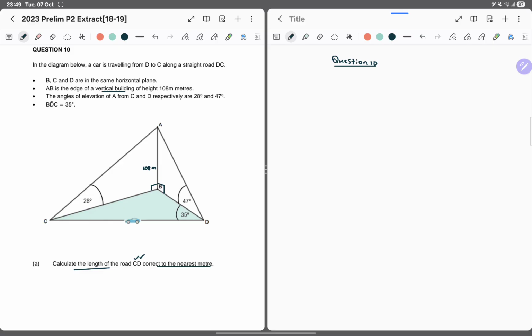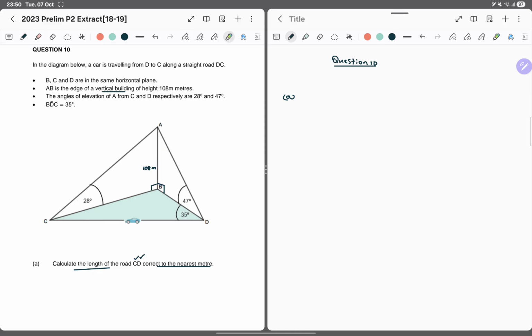And essentially we've got A. Now, how are we going to deal with this CD? We can see that CD is a part of this shaded triangle. But we'll notice that technically this height AB is common to two triangles, ABD and ABC. We've got those angles of inclination, we've got the opposite side, so we can work out the adjacent sides in those triangles.